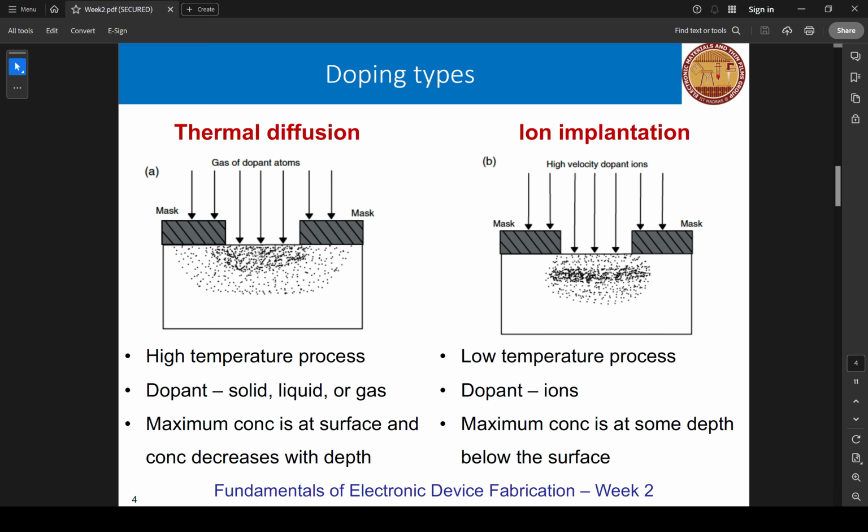Vacancies are impurities. Vacancies will interfere, so you don't want any vacancies. Vacancies are impurities, they are not controllable. But the lattice atoms, the substituted atoms, they are controlled.